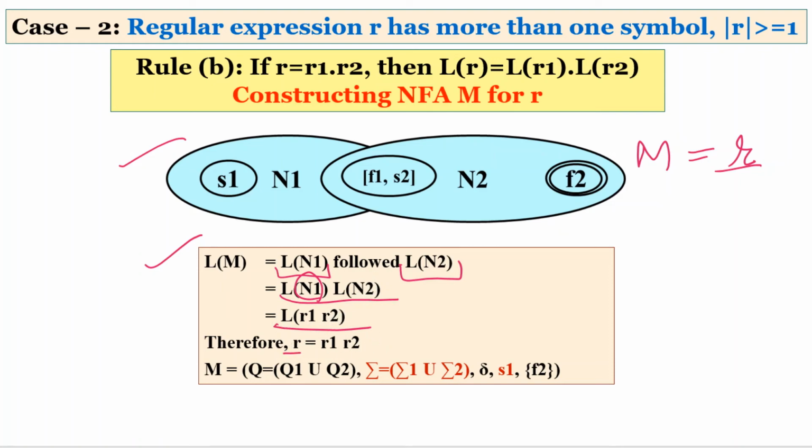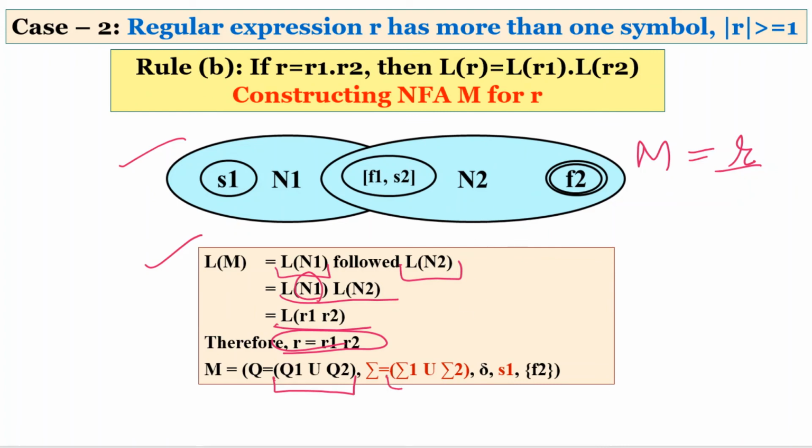So here R is equal to R1 concatenated with R2, and here are the final tuples of the machine M. Q is the union of Q1 and Q2, because we are taking the states of N1 as well as of N2.